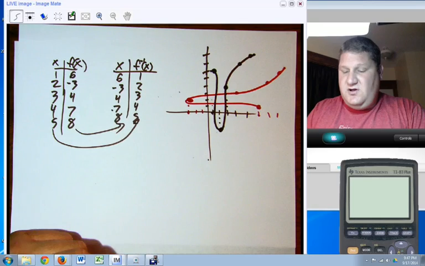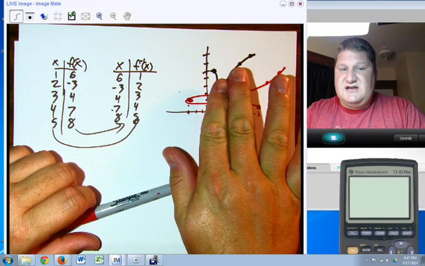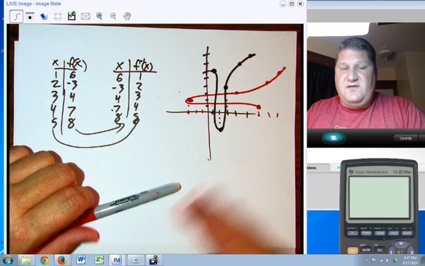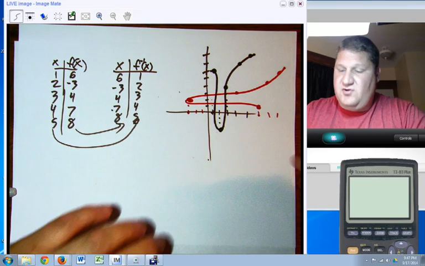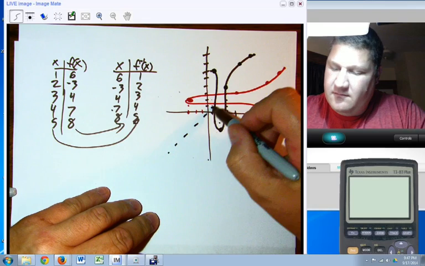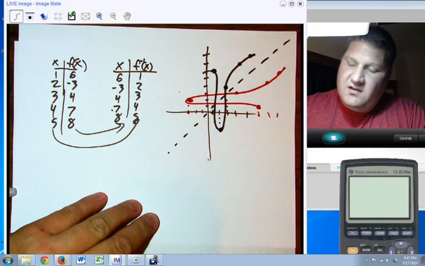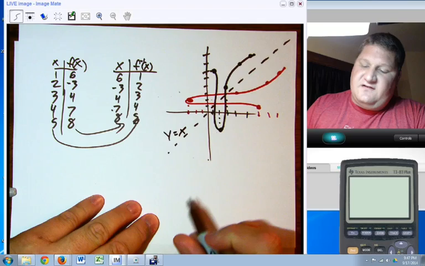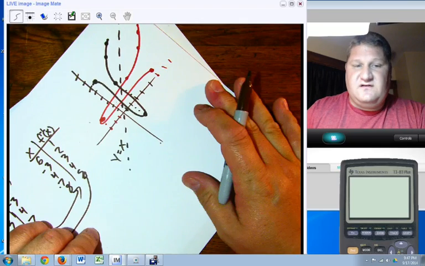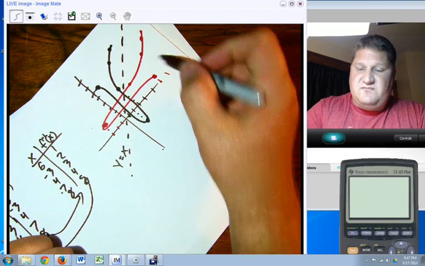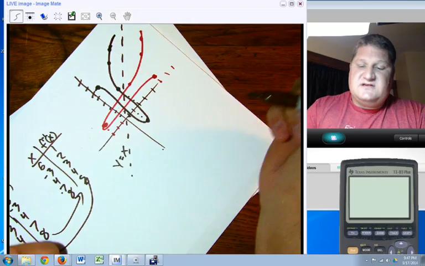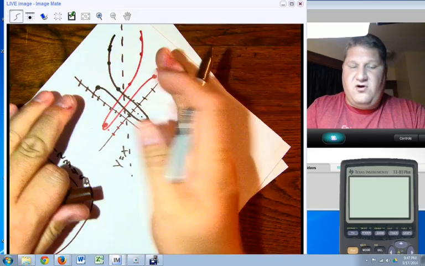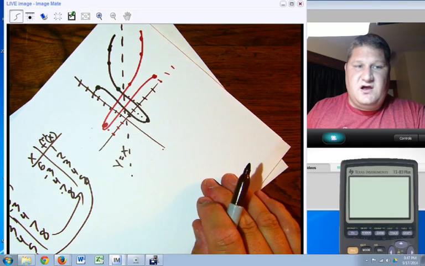And you'll notice I took what was standing up here and it's now flipped over. In fact, it's flipped over the line y equals x. If we take a look at this graph, it should be, if I've drawn it correctly, symmetric, perfect mirror images around the line y equals x.